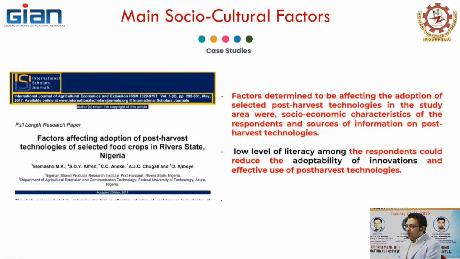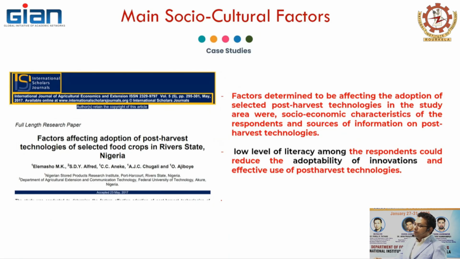Then another one, even in Nigeria, with the practices again, because these case studies are just to show whether the stakeholders and farmers are ready to adopt the practices or not, and the information given to the people.